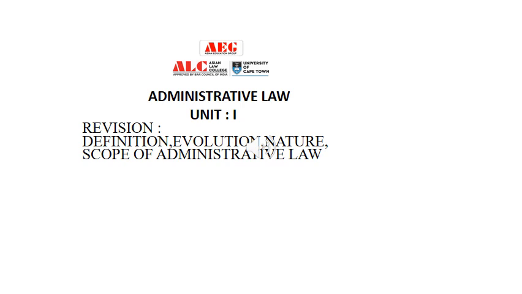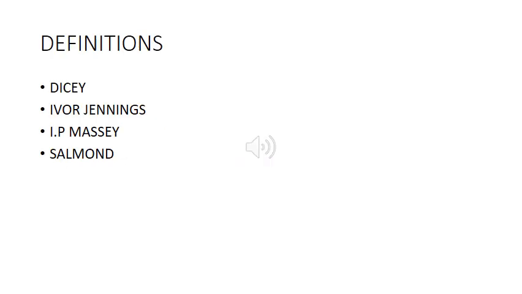for the recapitulation purpose. As we have looked into the various definitions given by different authors like Dicey, Ivor Jennings, Ivy Messi, Salmond, Griffith, Jain, C.K. Takwani, I.P. Massey, when you look at their definitions, all of them are focusing on the four major limbs of administrative law.